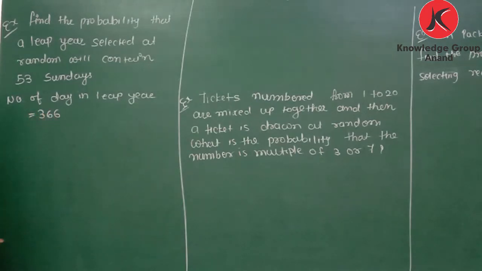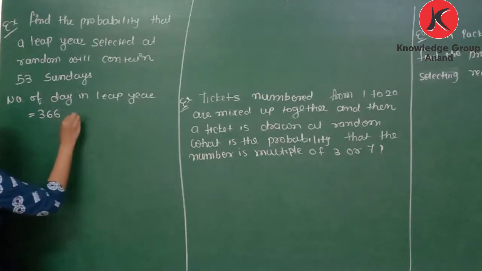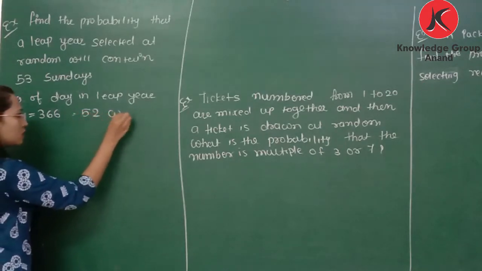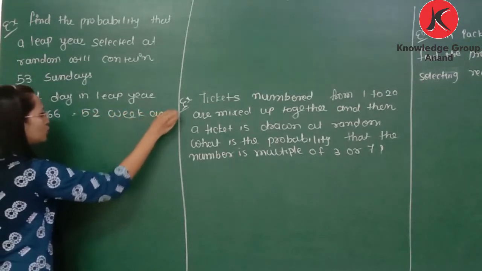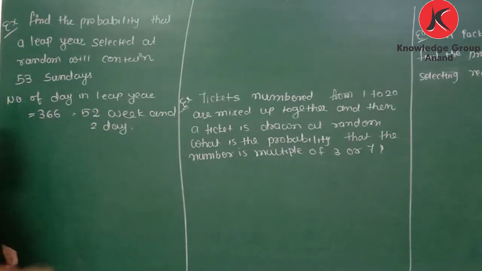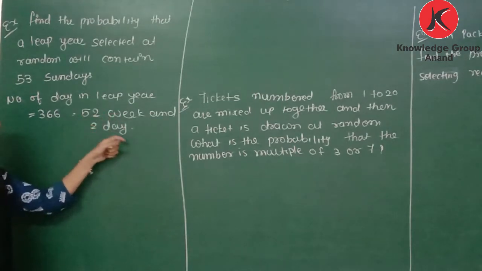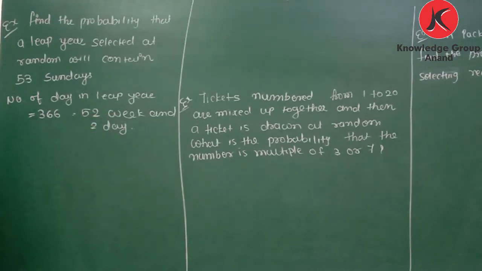Now if we find the number of weeks in 366 days, it will be 52 weeks and 2 days. Okay, 52 weeks and 2 days will give 366.